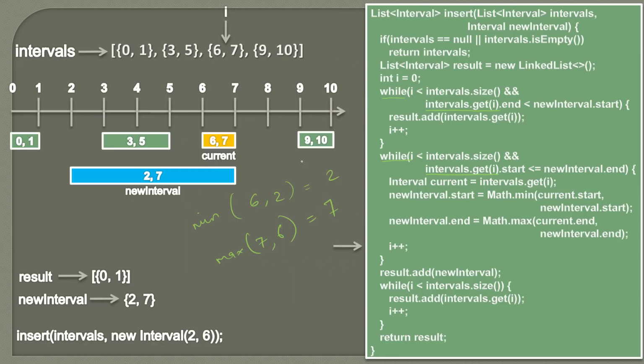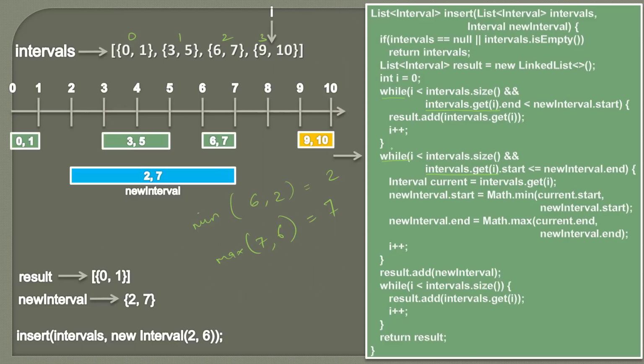Moving ahead, we will increment I. I becomes 9, 10. I is still less than intervals.size, because the value of I is 3, since indices are 0, 1, 2, 3. 3 is less than 4. intervals.get(I), which is 3, will give 9, 10.